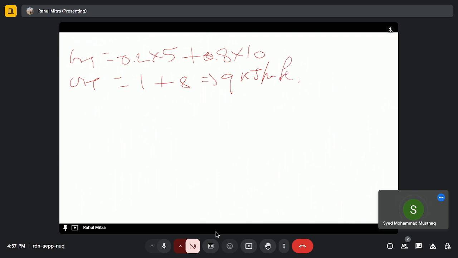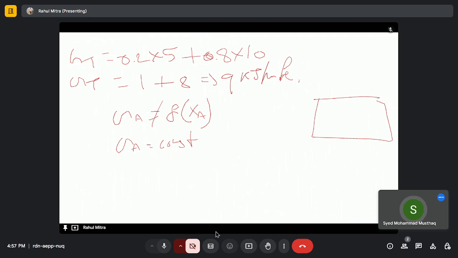Now see, GA doesn't depend on mole fraction. It's not a function of mole fraction. It is just a constant value. But what happens if there is an atomistic mixture, let's say we have an AB mixture?